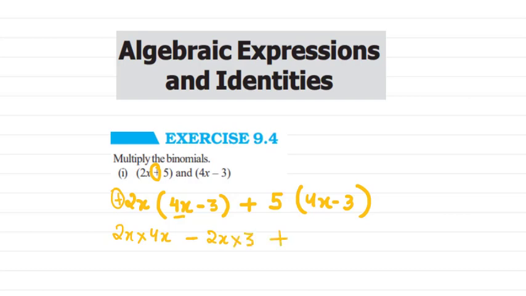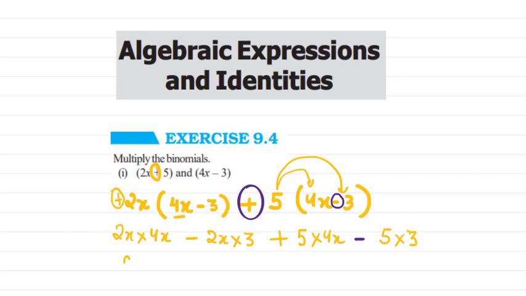Now the same way we will multiply this 5 with the 4x and then with 3 as well. So 5 into 4x, and here again you have a plus sign and a minus sign, and plus minus will give you a minus, and then it will be 5 into 3.